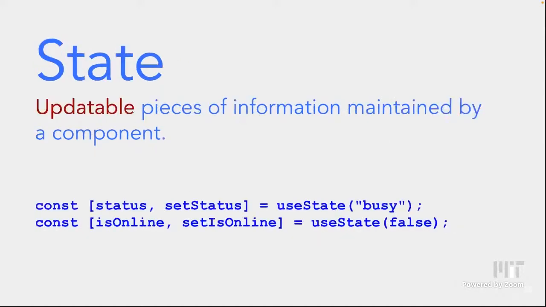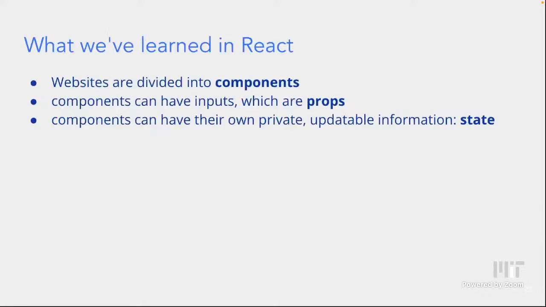And you have state, which is internal information inside of your component that you can update. So these are the first three things we learned about React: components, props, and state.